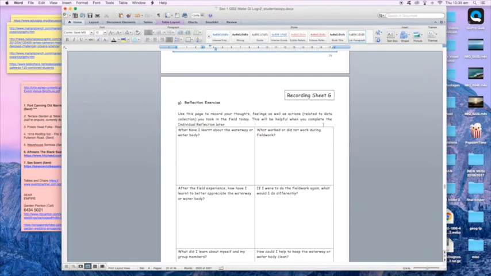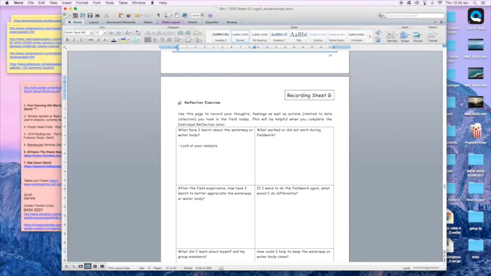Okay. This is basically a reflection exercise. Okay? This is to record what you have learned about the waterway or the water body, what worked or did not work during the fieldwork. Okay, so if you are lost, how to start? Basically, look at your analysis.